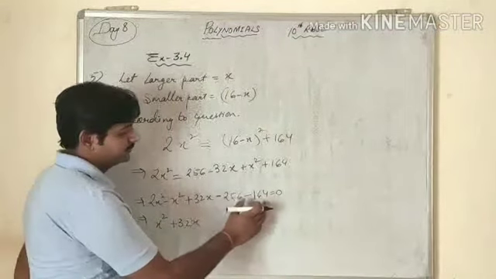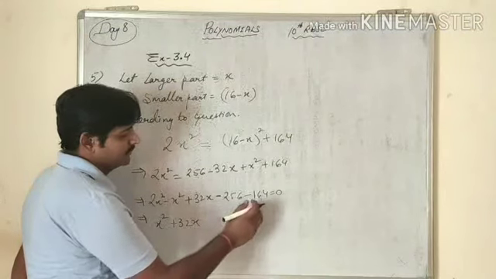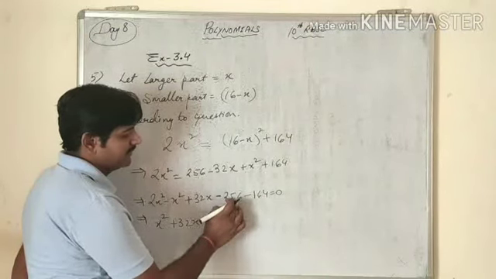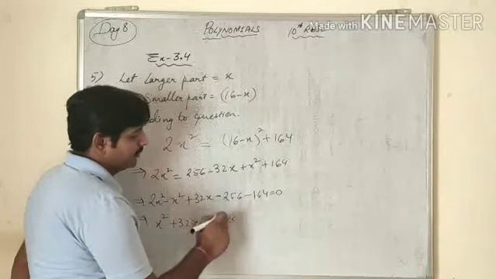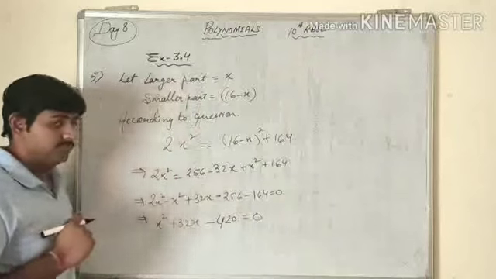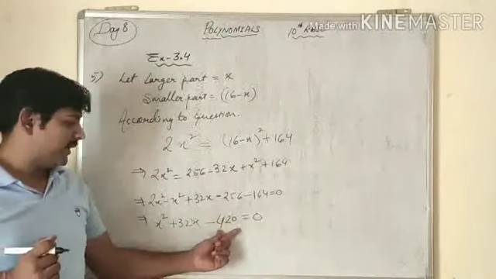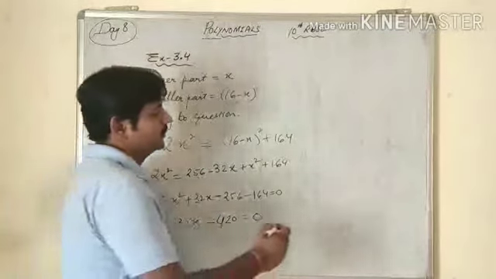If we add 4 plus 6 is 10, 6 plus 5 is 11, plus 1 is 12, and there will be 420. This we got. This is 420 and we are finding 32. So what to do?